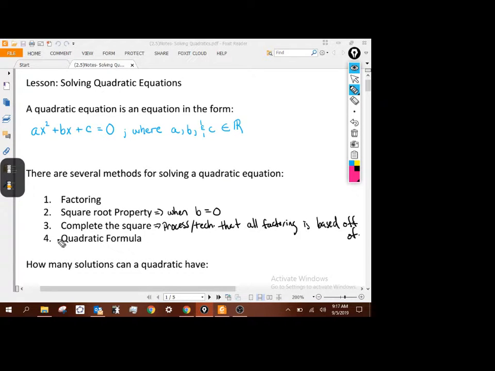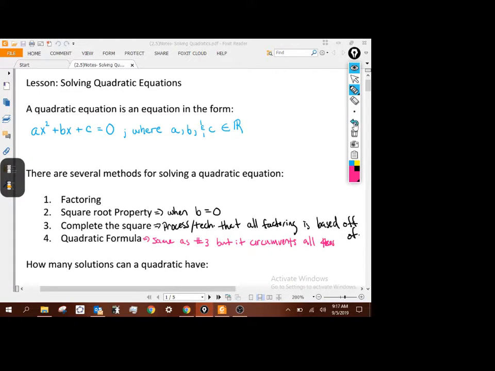And number 4, the quadratic formula. It's the same as completing the square, but it circumvents all the steps.